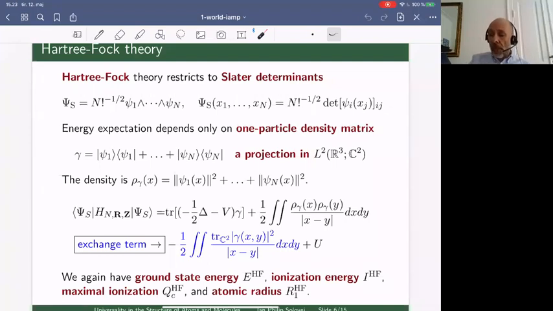And we can talk about the maximal ionization. This is the maximal n bigger than Z, the maximal number of electrons bigger than Z you can get and still have a minimizer for the Hartree-Fock problem, which is the minimizer of this variational principle. And finally, you can again define the atomic radius R1.